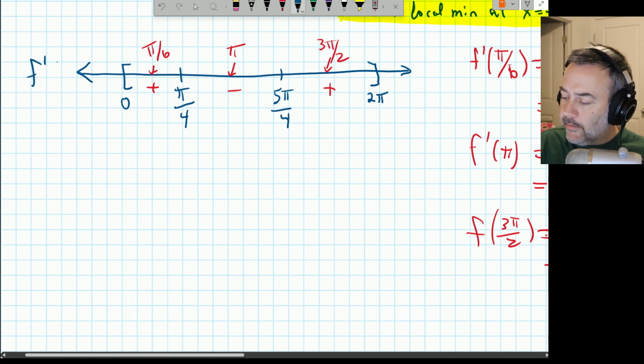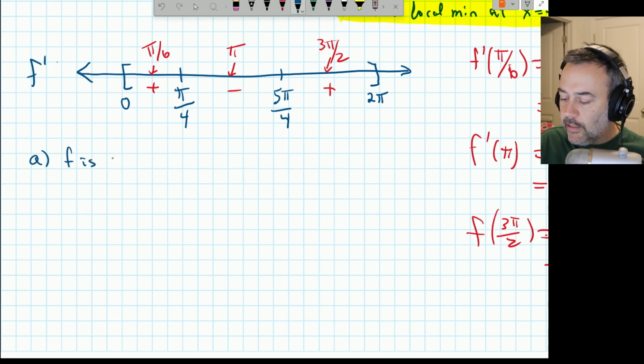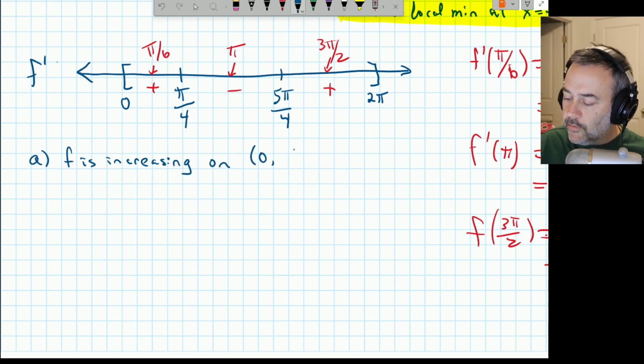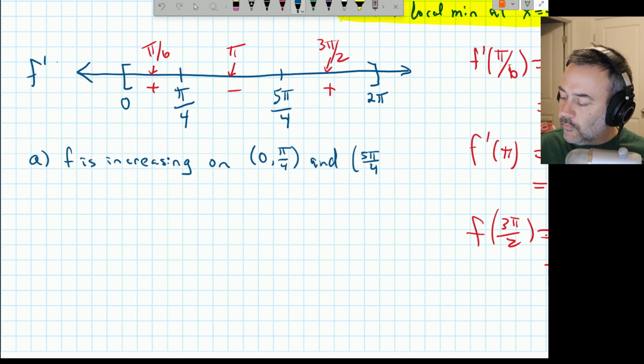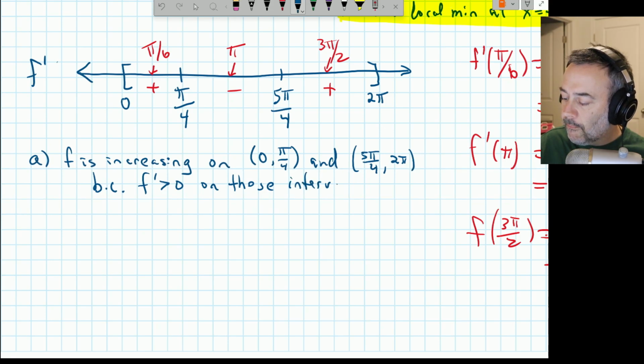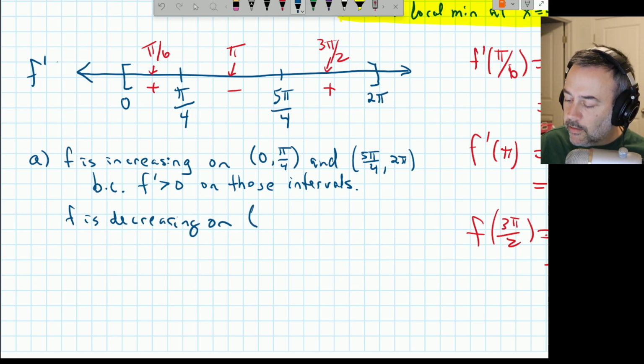Okay, so here's my answer to part A. We have that f is increasing on the interval from 0 to pi over 4 and 5 pi over 4 to 2 pi, because f prime is positive on these intervals. f is decreasing on pi over 4 to 5 pi over 4 because f prime is negative.